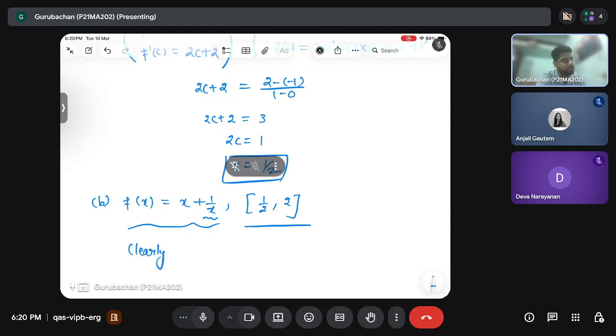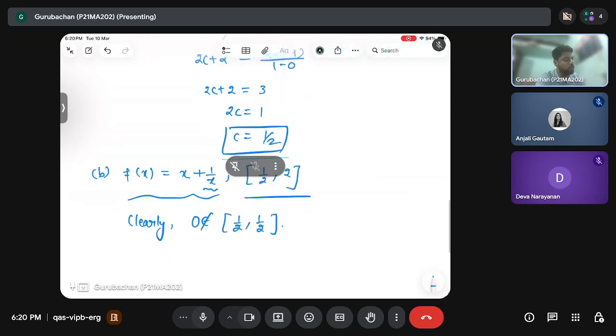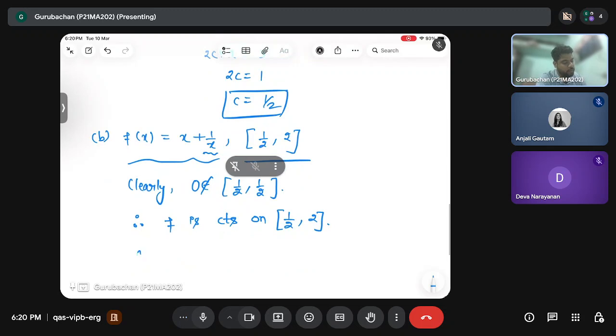Clearly, 0 does not belong to [half, 2]. Therefore, f is continuous on [half, 2], and f is differentiable on the open interval (half, 2).